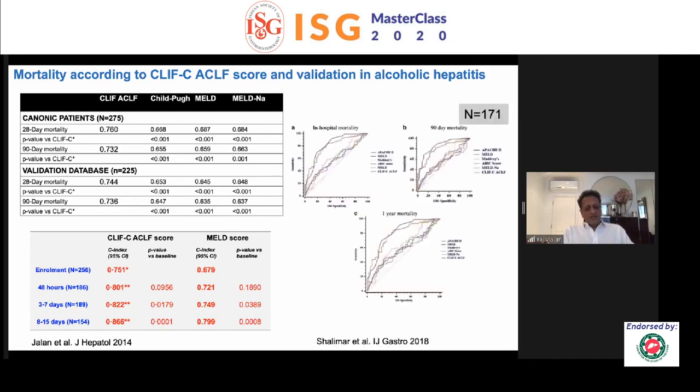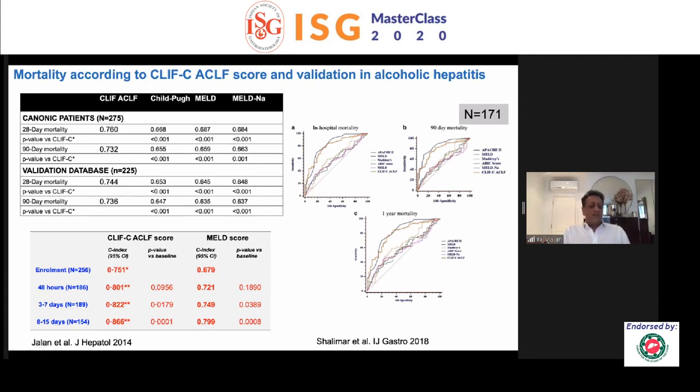And finally, just to show you Chairman's data, this is data produced by Dr. Shalimar, which validates the CLIF ACLF score as the best performing score in a patient population with severe acute alcoholic hepatitis in the community.